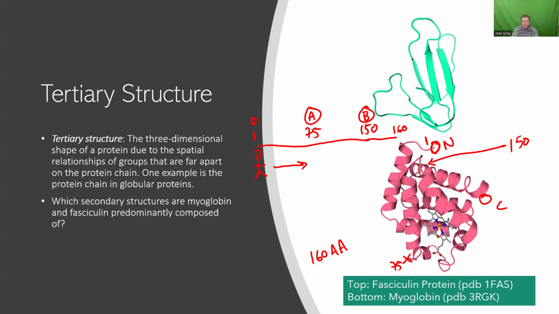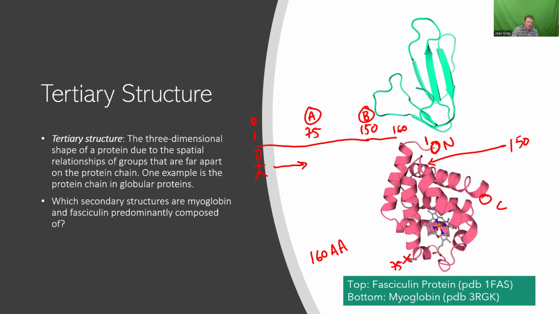Now, when this molecule folds in three dimensions, what is it closer to? Is it closer to 75 or 150, do you think? 150. You're absolutely right. Because when this protein takes on and uses all of the space in the room, it can fold in a really unique fashion.